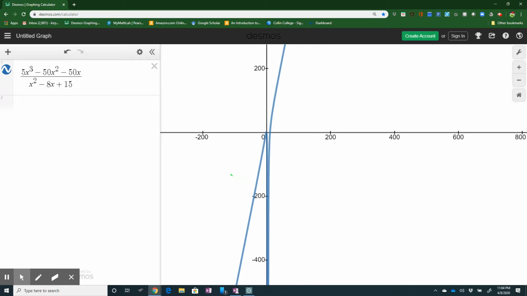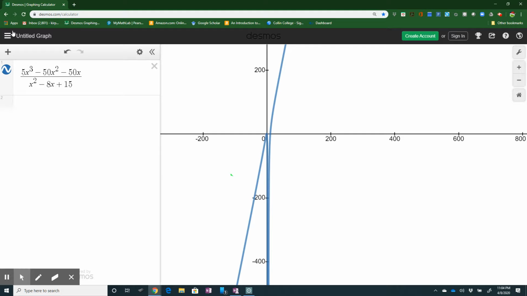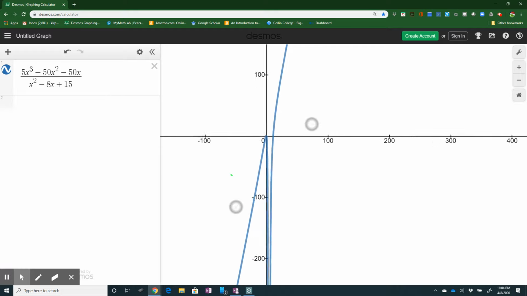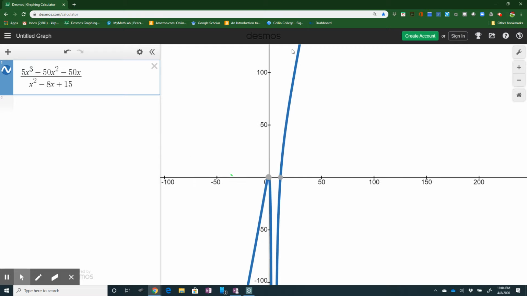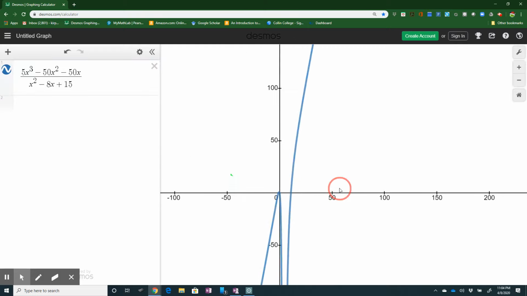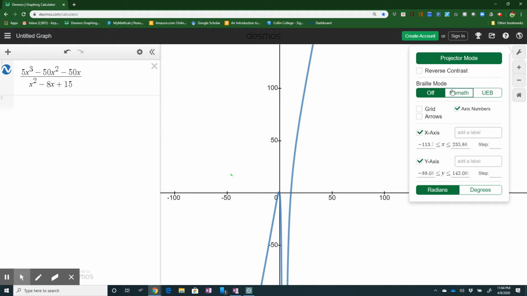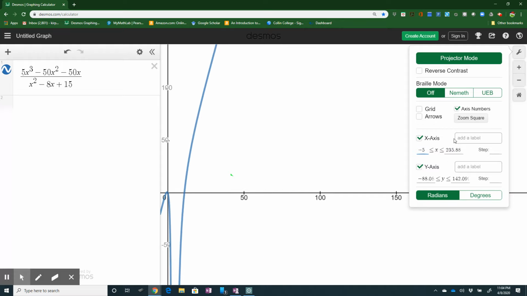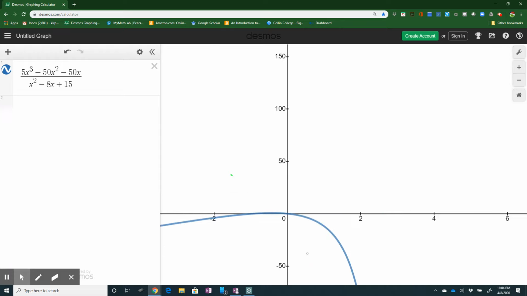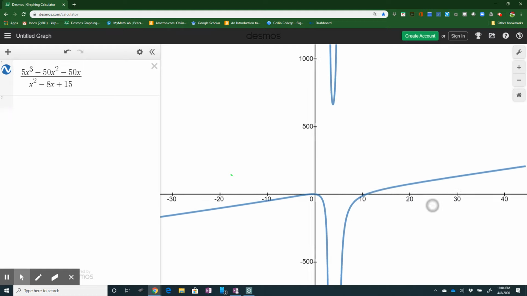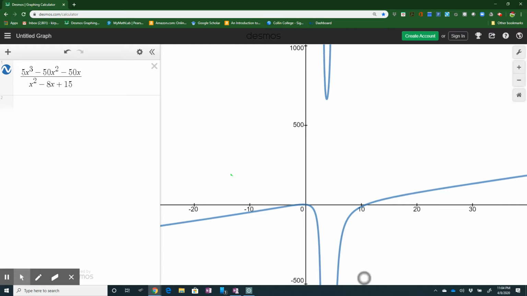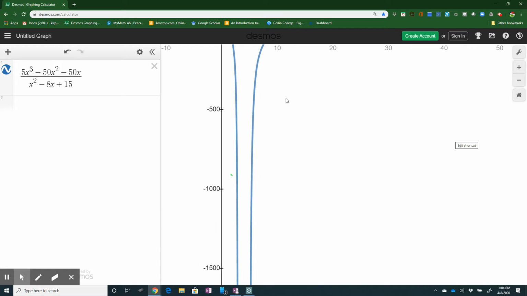Trying to see where the other one goes. There's a middle part, but I guess it's so deep down you can't see it. All right, so we have this graph. I'm going to try to change the axis so it doesn't look so crazy. Oh yeah, there's both asymptotes.